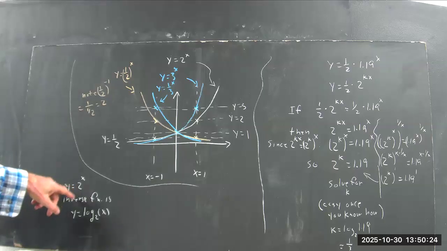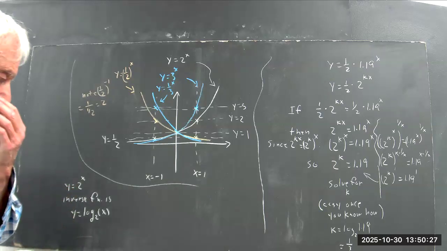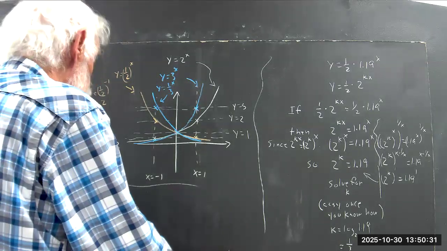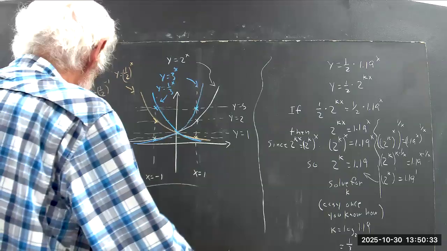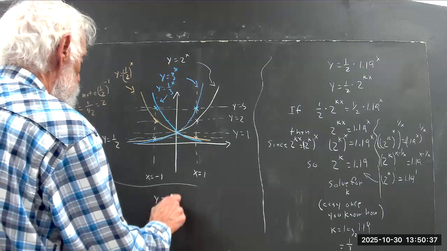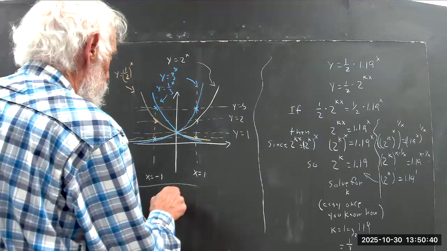Y equals 2 to the x, the inverse function is y equals log base 2 of x. And there is one more thing that I intended to tell you, so I'm going to tell you real quick. Y equals e to the x.